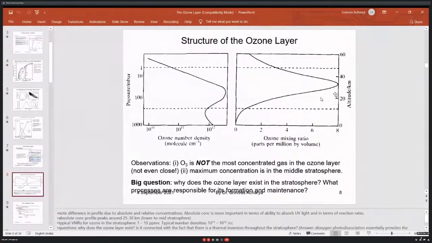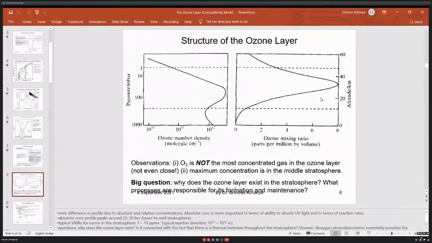So we will have the maximum parts per volume of the mixing ratio of ozone. Okay, so from this graph we observe that ozone is not the most concentrated gas in the ozone layer, not even close. Maximum concentration is in the middle stratosphere.